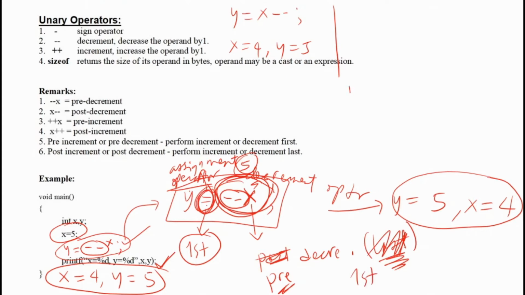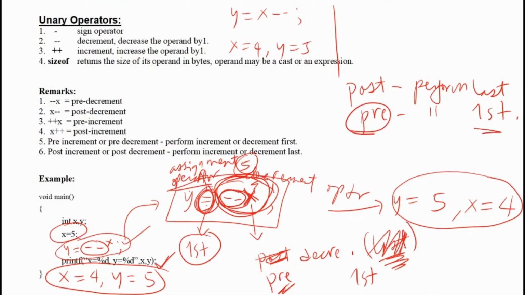So again, if it is post, whether it's decrement or increment, the operator is performed last. When it is pre, performed first. Since this is pre-decrement, the decrement will be performed first before the assignment operator. So the assignment operator will be second to be performed while the decrement is first.